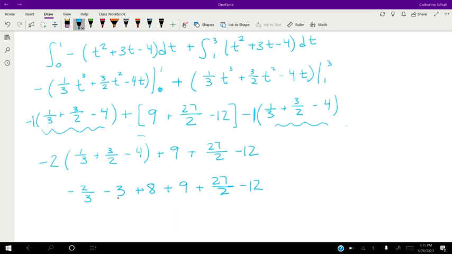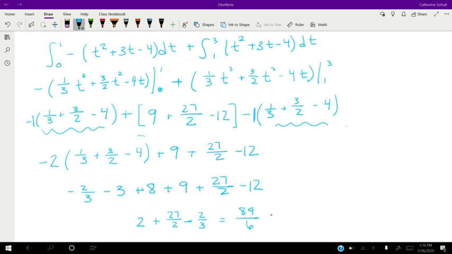All right, and then -3 plus 8 is 5, plus 9 is 14, minus 12 is 2. And then we have our fractions to worry about. Okay, so we can find the common denominator. It's 6. Do a little arithmetic. And we get 89/6.